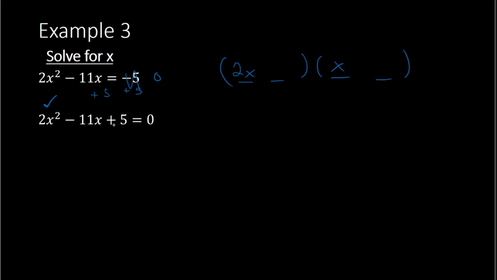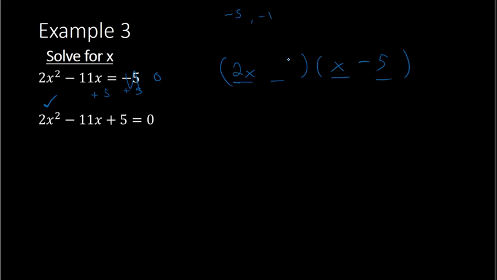And we need them both negative because of this negative in the middle. So we need a negative 5 and a negative 1. Because when you multiply, they would get positive 5. Alright, so these don't add up to negative 11 like we need. It's going to be negative 6, but keep in mind that there's a 2 in the front. So the 2 affects things as well.